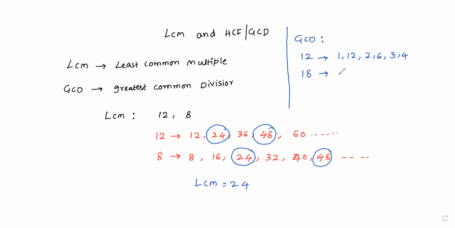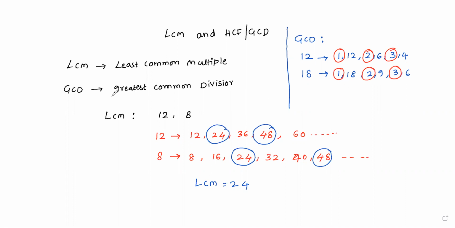And let us talk about 18: 1 and 18, 2 and 9, 3 and 6. These are the divisors of 18. Now again we have to mark common numbers: 1, 1, 2, 2, 3 and 3.